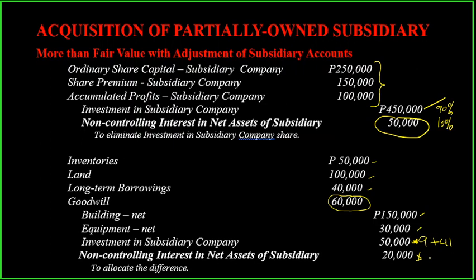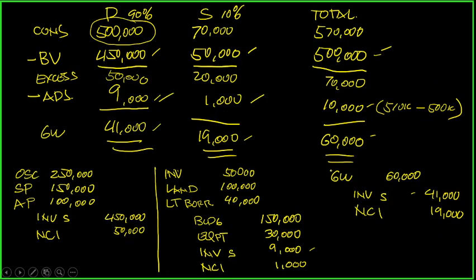What about this 20,000? This is actually the adjustment of 1,000 plus the share in the goodwill, which is 19,000 pesos. Okay, so siya po yun. 1 and 19. So, mas malinaw na po, no?